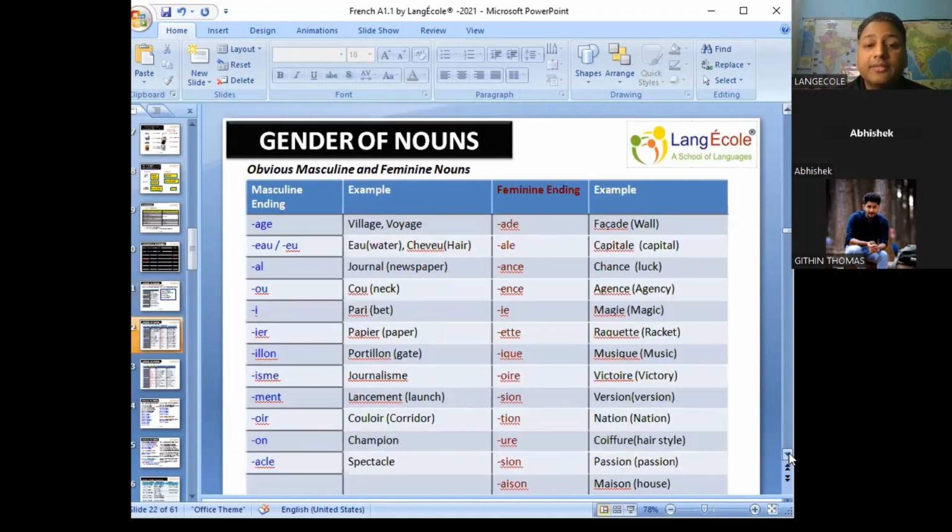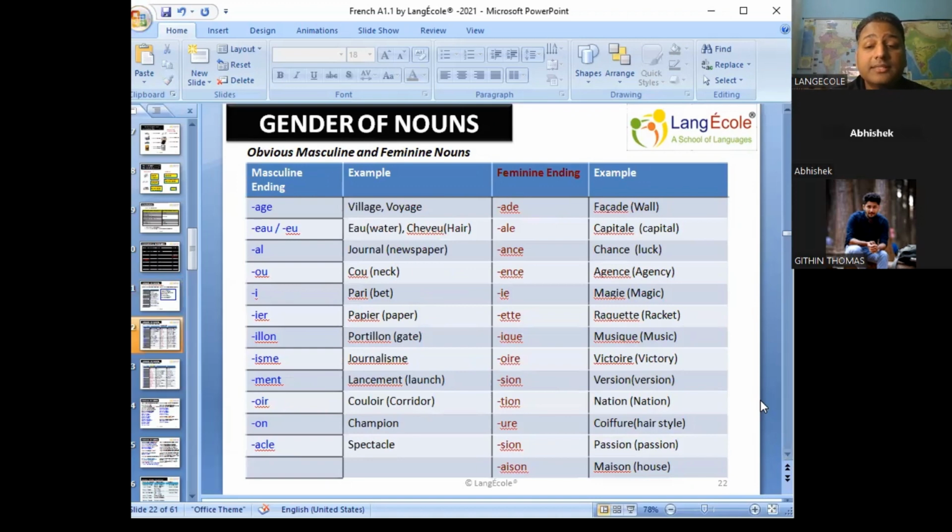Then there are further some rules through which you can find out. Some of them I've tried to list down here. You will find some, not most, of the rules that could be found.